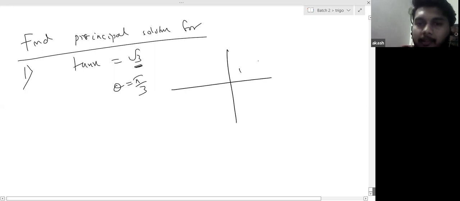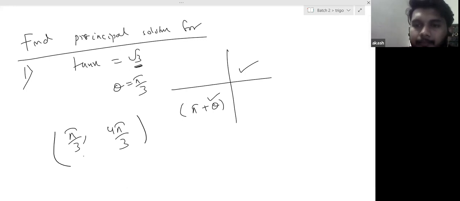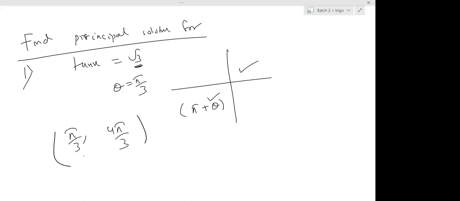Tan x is positive in the first quadrant and in the third quadrant. So one solution will be pi by 3 in the first quadrant. In the third quadrant, we have to use pi plus theta, so pi plus pi by 3, so 4 pi by 3. These are your solutions. Is this clear, Shafullah? Yes, sir.